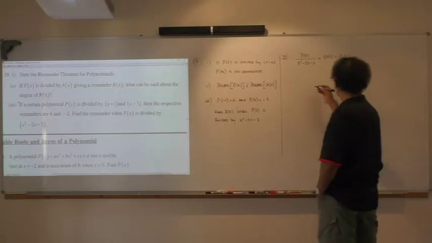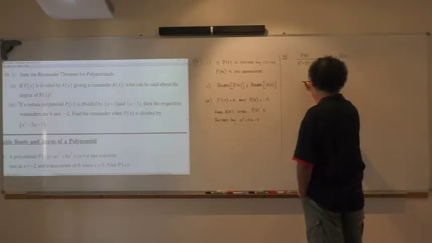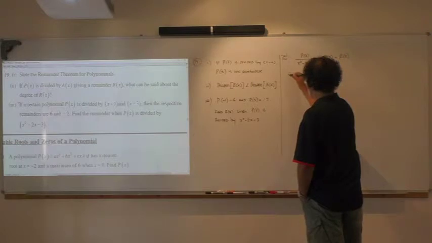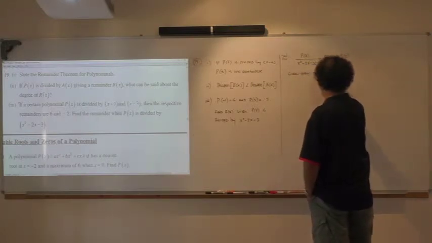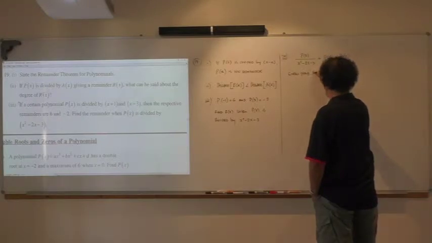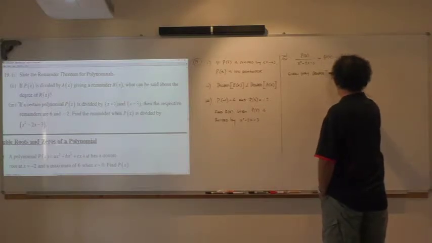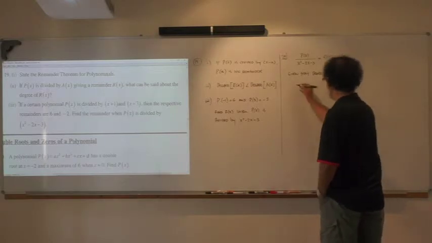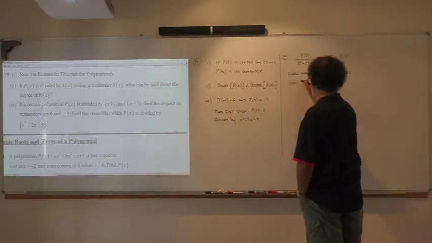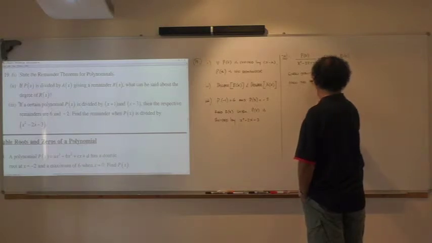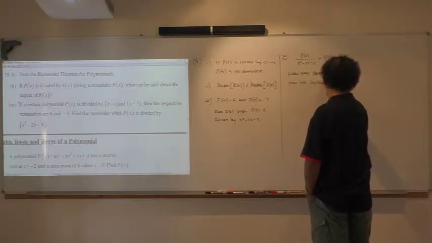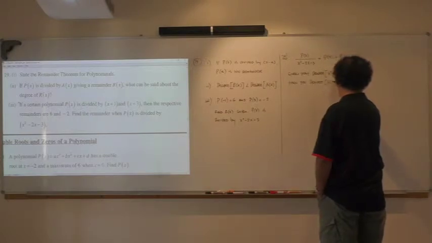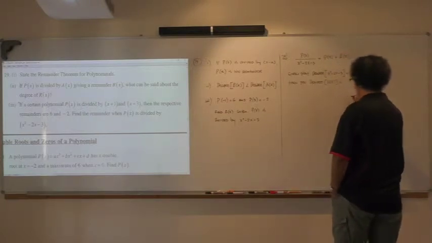In other words, given that the degree of x squared minus 2x minus 3 is equal to 2, then the degree of the remainder has to be equal to 1.